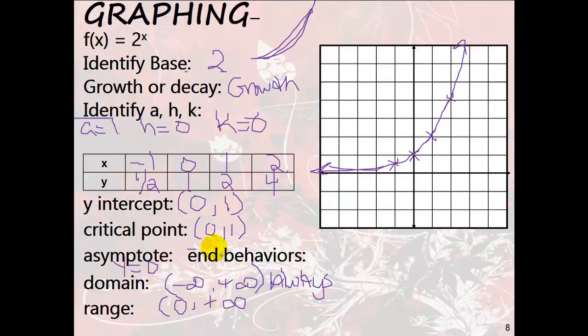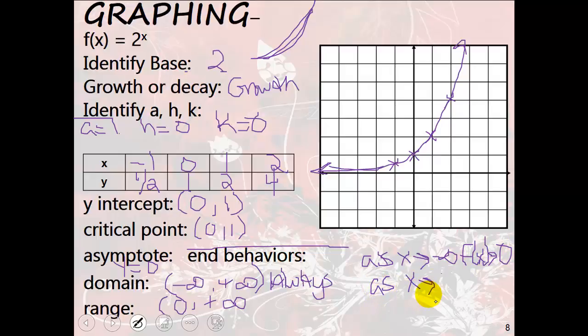And my end behaviors, all right, as x goes to -infinity, f of x goes to 0. As x goes to +infinity, f of x goes to +infinity.